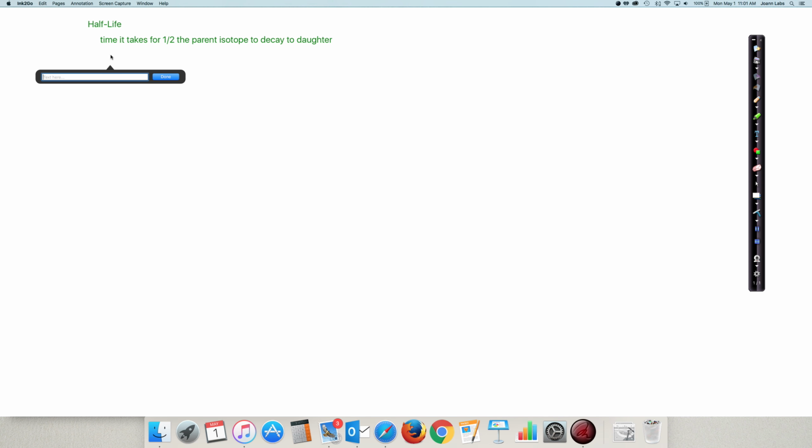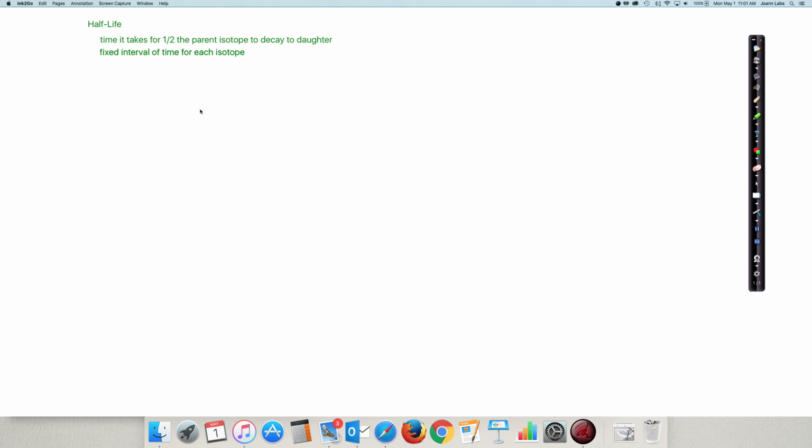This is a fixed interval of time for each isotope. What that means is each isotope has a set number of years it takes to undergo one half-life.